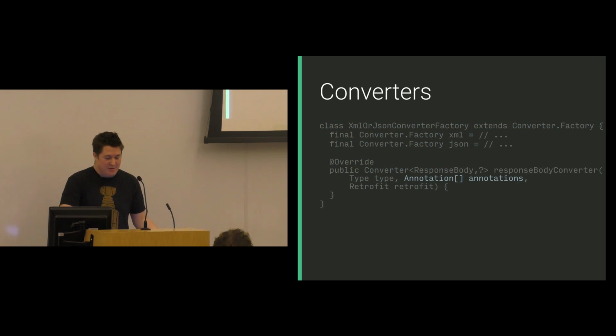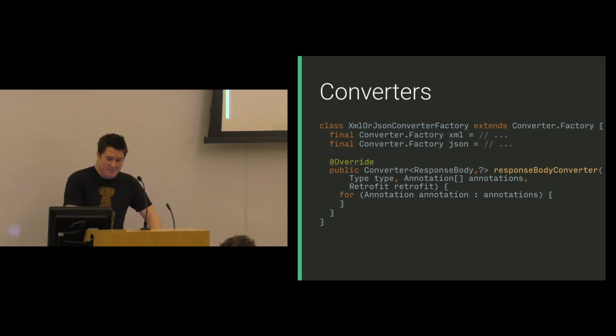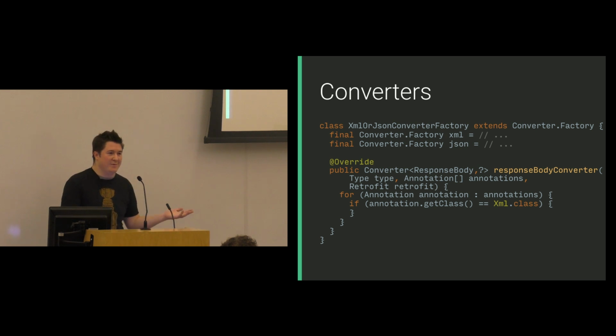What's nice about this, so this is the response body. This is going from bytes to Java. What's nice about this method is that we give you the annotations, we being Retrofit. And so what you do here is trivial: if you're given an array of something and you're looking for an element, you loop over it. You check if the element's equal to the thing that you want to look for, which in this case is the XML one.